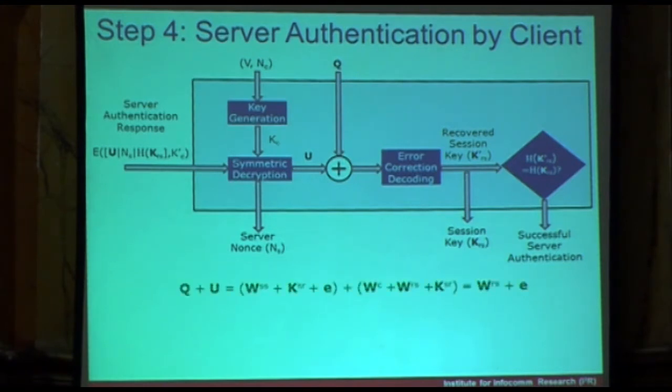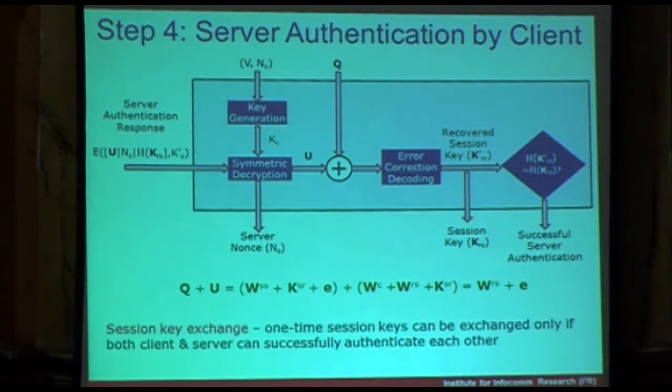So basically the output is the session key, which can be used to send the acknowledgement in the next steps. This Q plus U is essentially the code word which was obtained from the session key plus the biometric noise, so it's possible to decode it to recover the session key. This session key exchange will be successful only if both the client and the server are authenticated successfully.